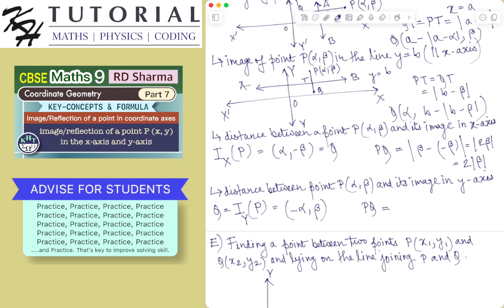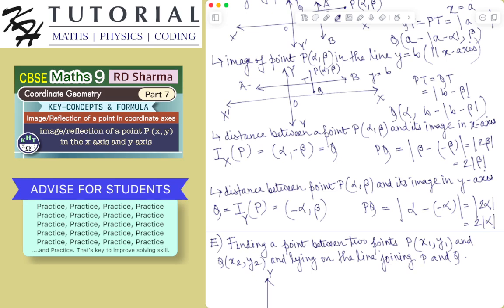And we know that the distance between 2 points lying on a line parallel to the x-axis is nothing but the absolute value of the difference of the abscissa. So it will be absolute value of the difference of the abscissa of P and the abscissa of its image Q. So alpha minus minus alpha. This is absolute value of twice alpha, which is equal to 2 into absolute value of alpha.